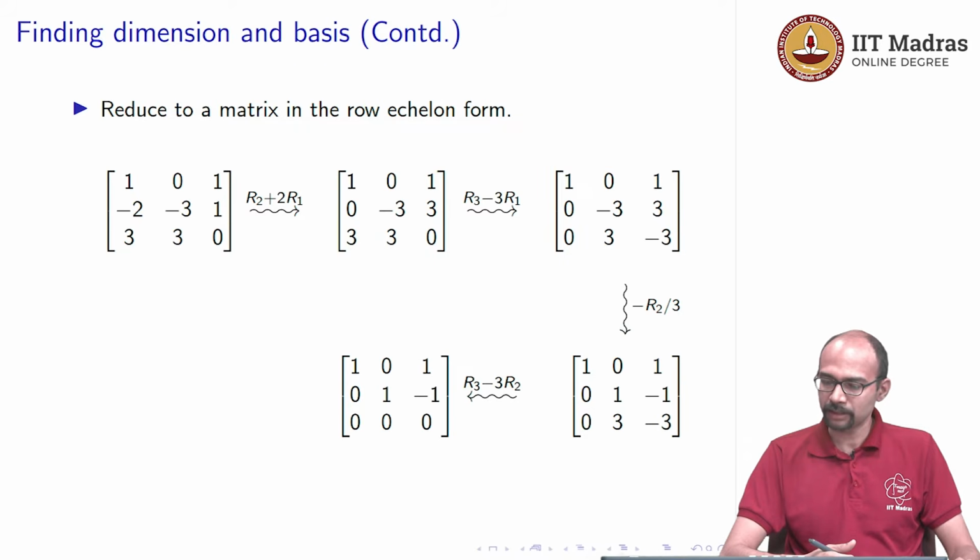That is R3 minus 3 R2, and that gives us (1, 0, 1), (0, 1, -1) and (0, 0, 0), and this is in reduced row echelon form. Usually at this stage we reach row echelon form, but in this case we are lucky and it is already in reduced row echelon form, and there is a zero row at the bottom.